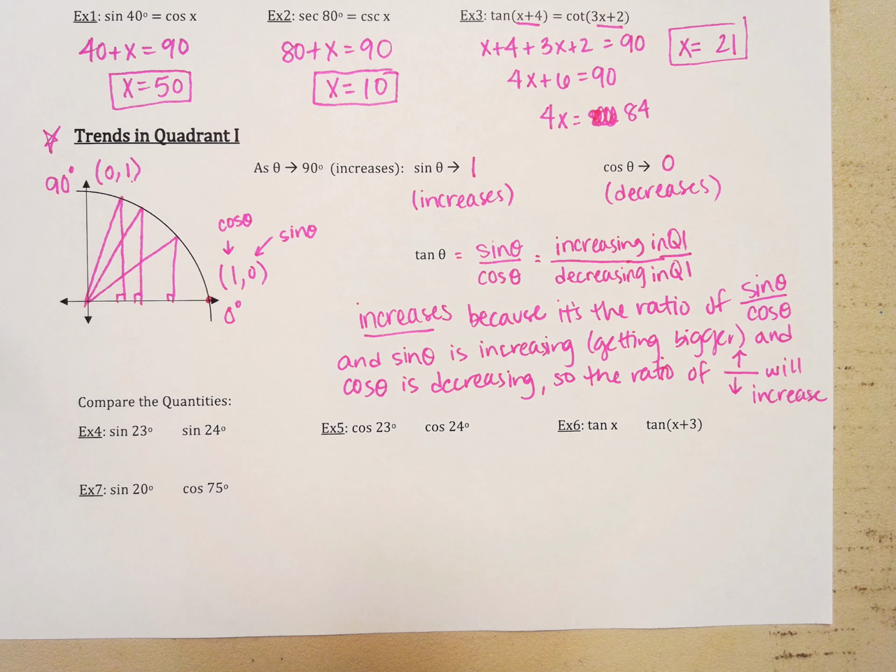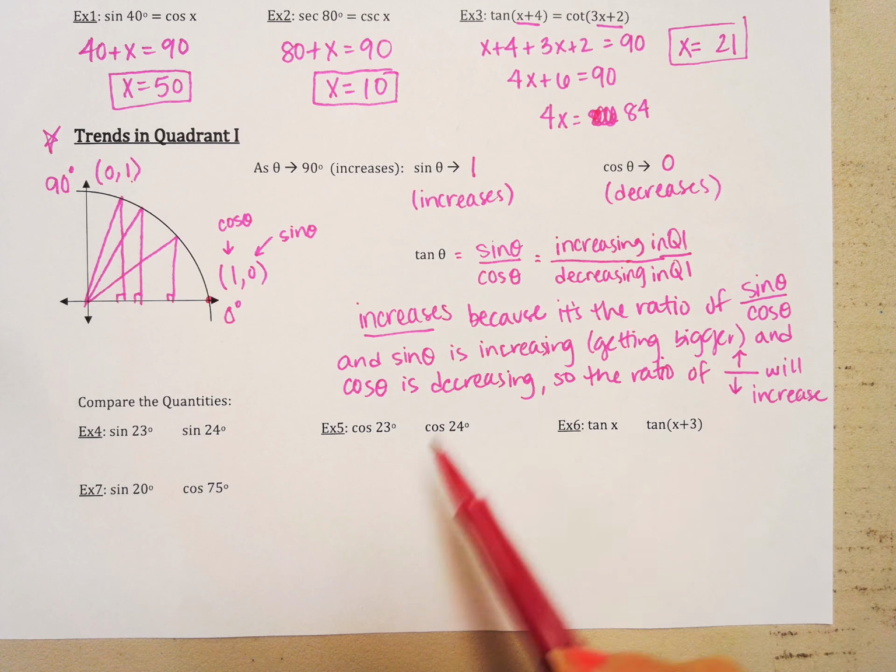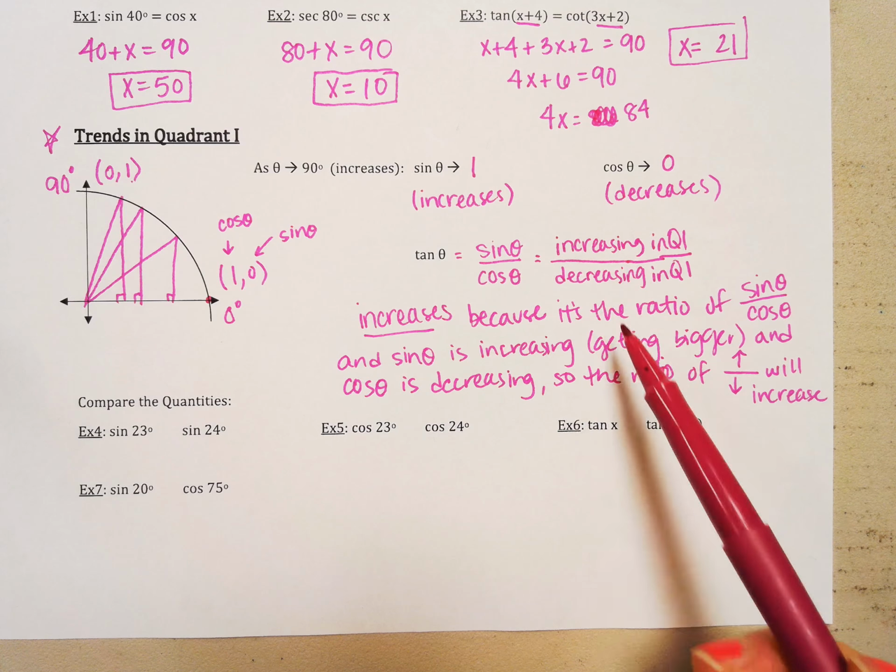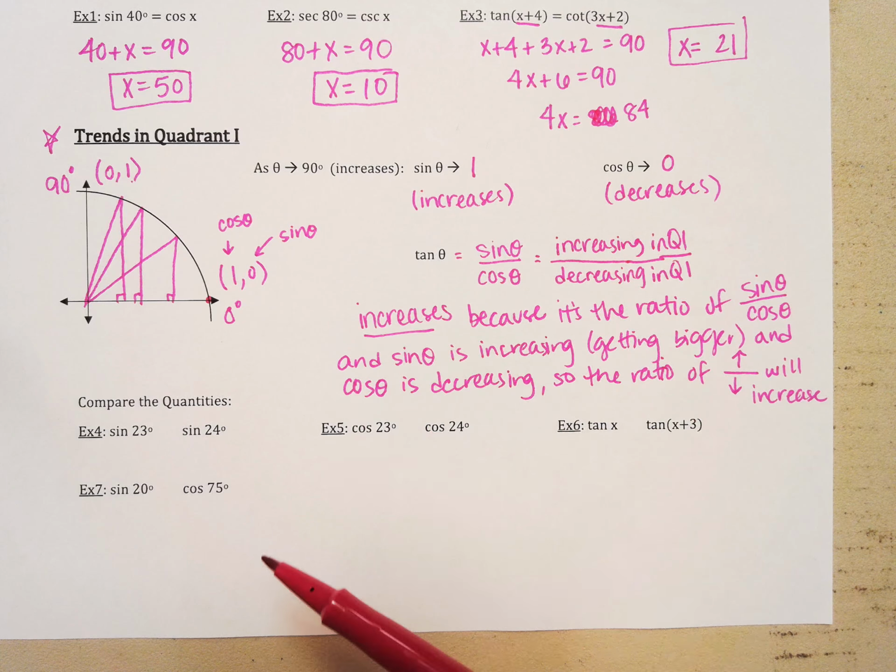Or when we talk about quadrants 2, 3, and 4, maybe that's something that you have to explain, is why the tangent decreases in quadrant 4, or why it increases in quadrant 3. Whatever it is, you might have to explain this in the same way of increasing or decreasing. Or maybe I ask you about cotangent. What happens with cotangent? Or cosecant.